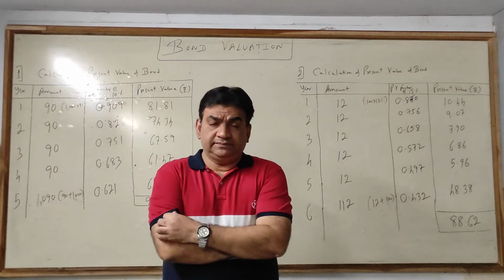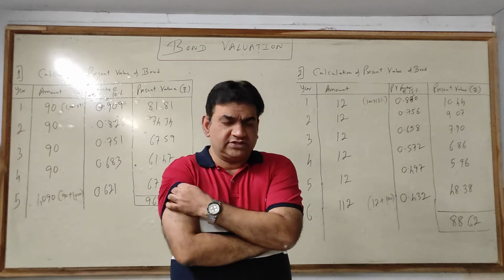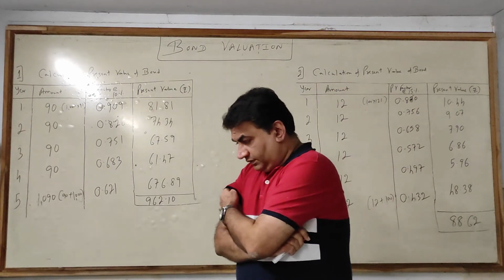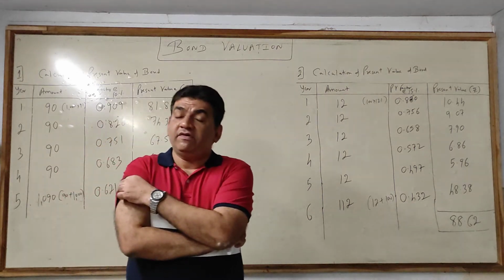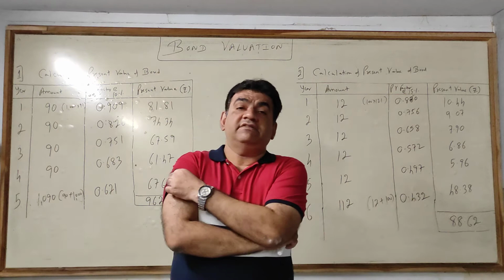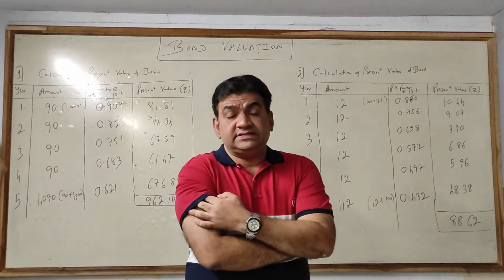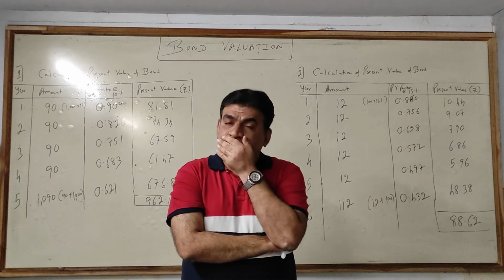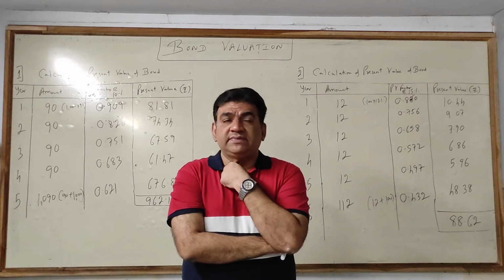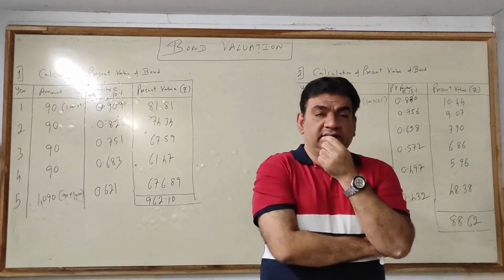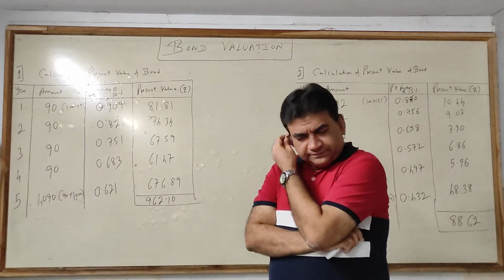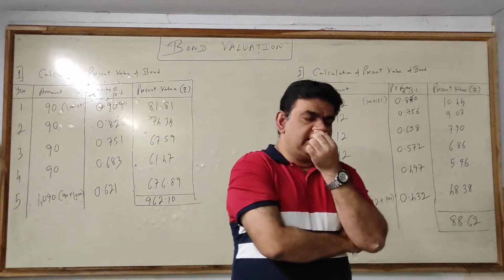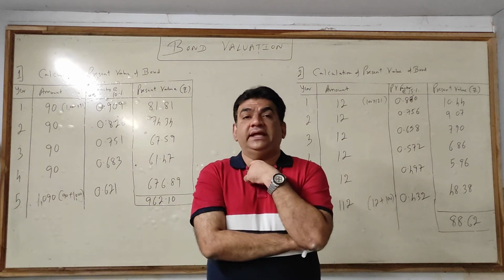The present value of the bond, of course in this case it is debenture, the present value of the bond is 88.62, whereas it is available in the market at rupees 90, it is advisable to avoid buying at rupees 90, as it is a bit expensive.